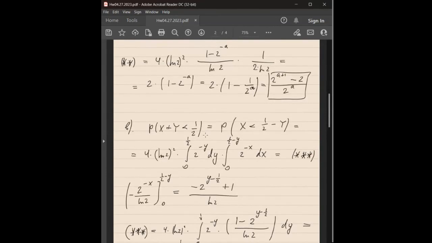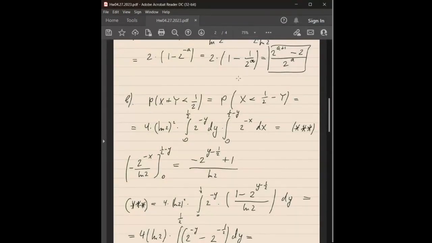Okay, and for part B, probability of x plus y less than 1/2 is the same as probability of x less than 1/2 minus y.